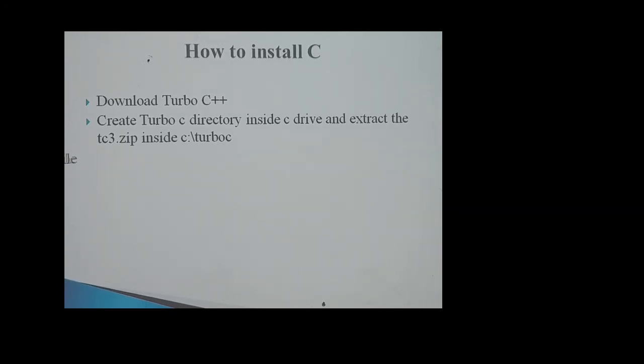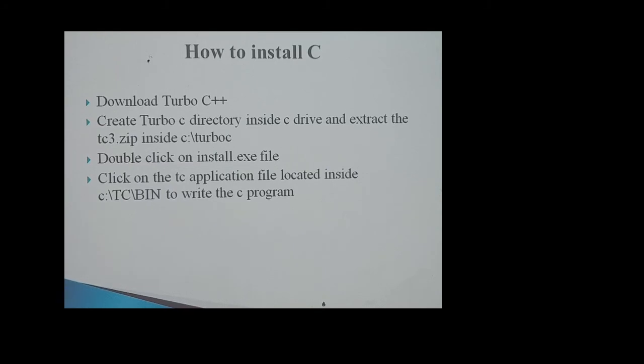Next, create a Turbo C directory inside C drive or any drive and extract the tc3.zip inside the C drive. When we extract the zip file, the Turbo C folder is automatically created in our C drive. Next, double click on the install.exe file, the executable file. Click on the TC application file located inside the C drive.